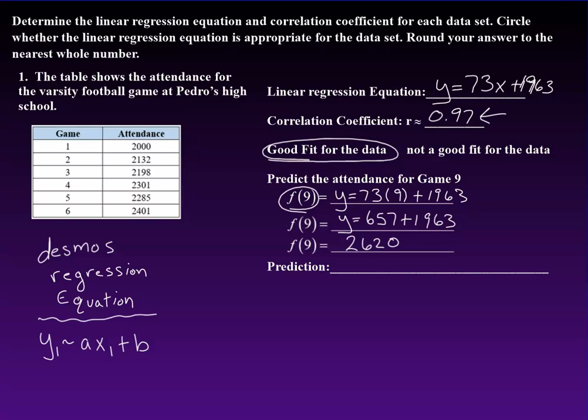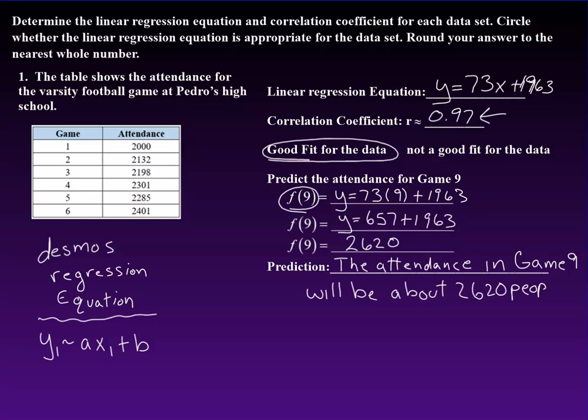And so then we would say the attendance in Game 9 will be about 2,620 people.